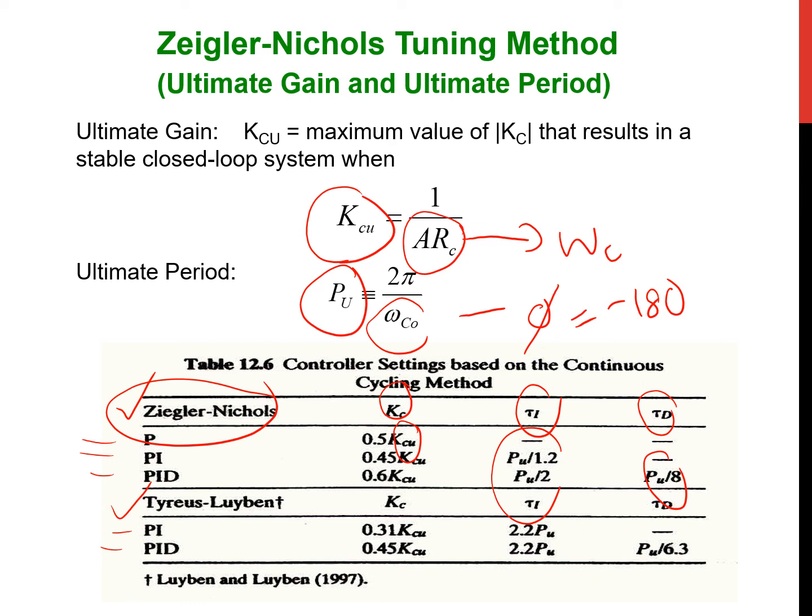So let's say you calculate the new controller parameters. What are you going to do next? We repeat the steps. We replot the Bode diagram again, get the new Bode diagram, get the new gain margin and phase margin, and check whether it meets the stability or not.